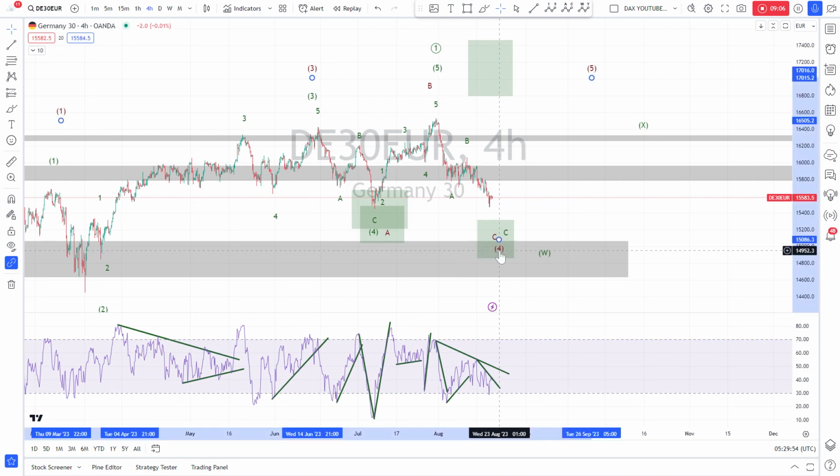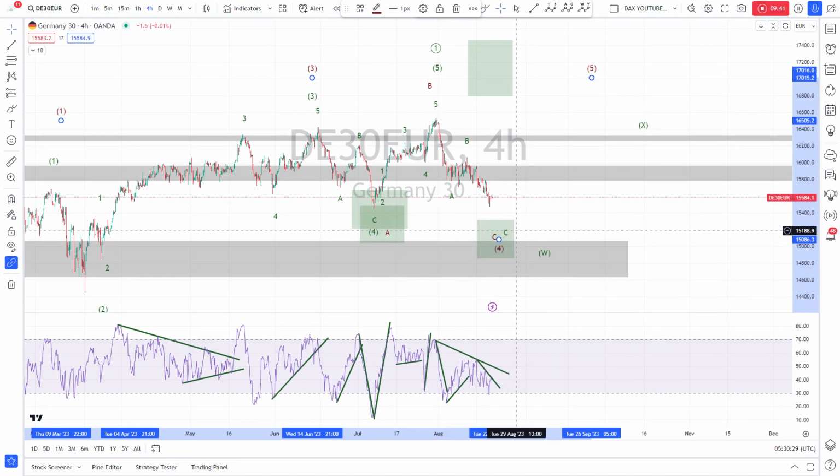Like the alternative scenario here in red shows that this here is an expanded flat, that we still have to make our wave 4, so that our wave 4 was not in here, but will be in here. And then we have an expanded flat, so 1, 2, 3, something corrective here as a wave B. And then what we should get is 1, 2, 3, 4, 5 into this area.